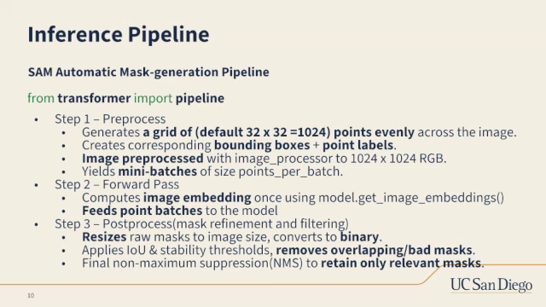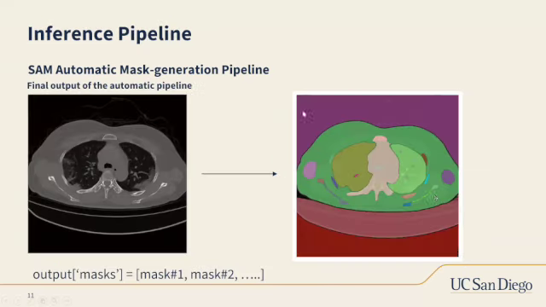It will generate a list of raw masks, and then do the post processing. It will remove overlapping masks, and remove bad quality masks based on IOU score and stability score thresholds. It will eventually retain a list of all the high quality relevant masks as output.